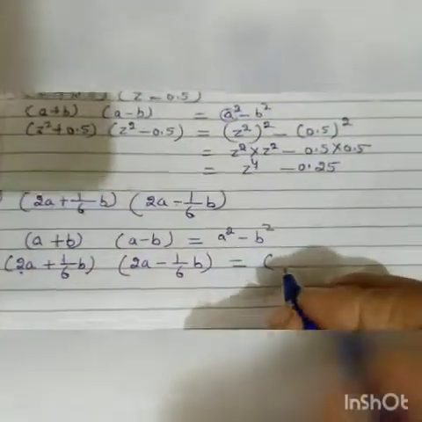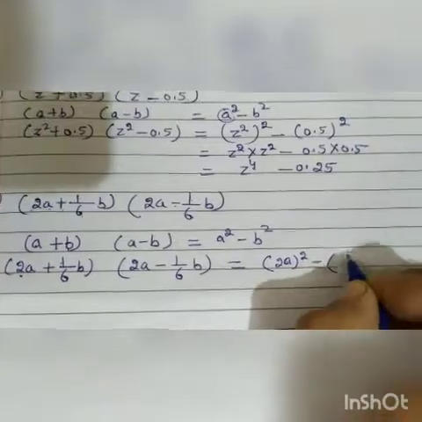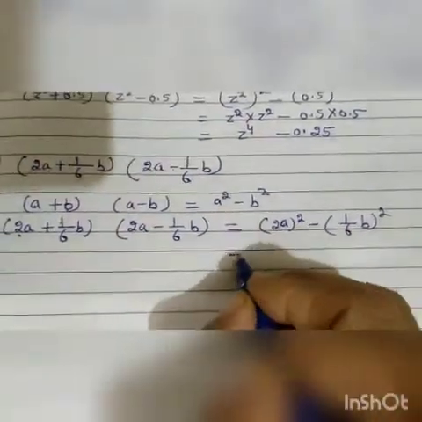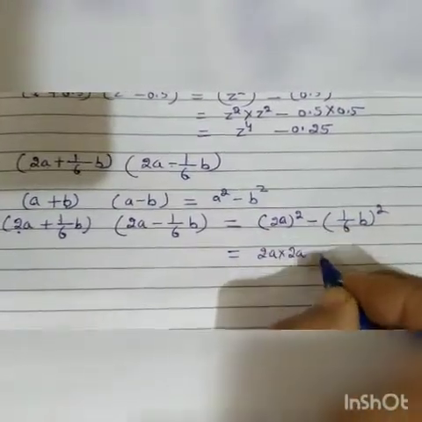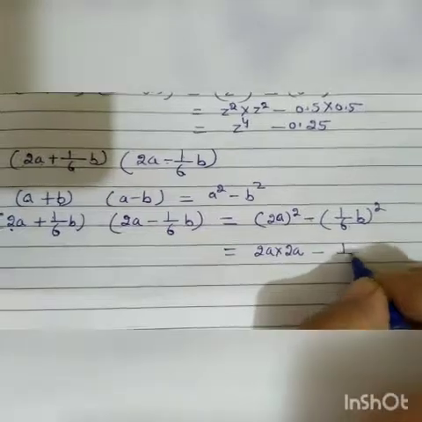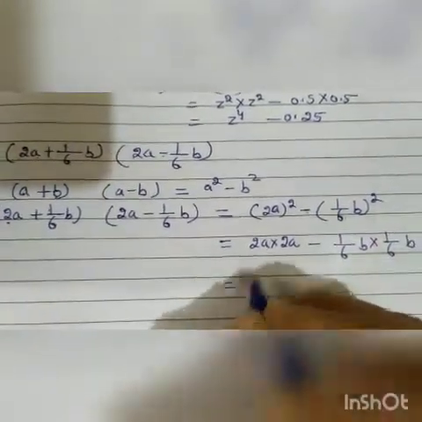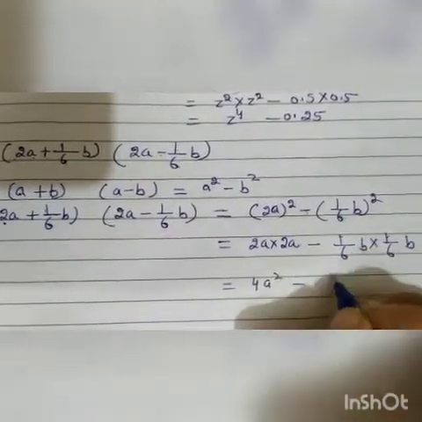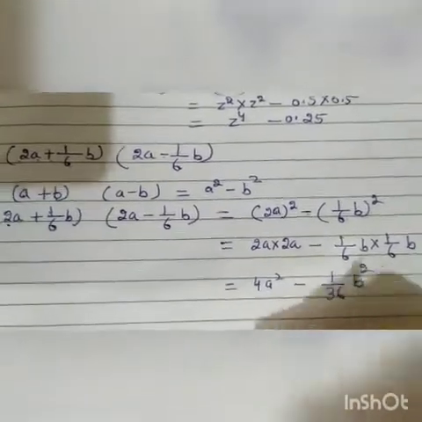So we will write here (2a) whole square minus (1 upon 6b) whole square. So 2a whole square means 2a multiplied by 2a, minus 1 upon 6b into 1 upon 6b. 2 twos are 4a square minus 1 ones are 1 upon 6 sixes are 36b square.